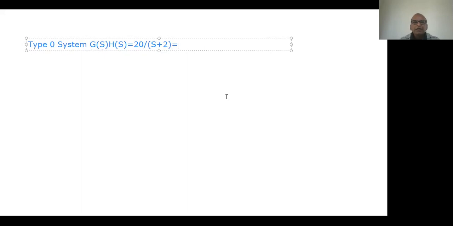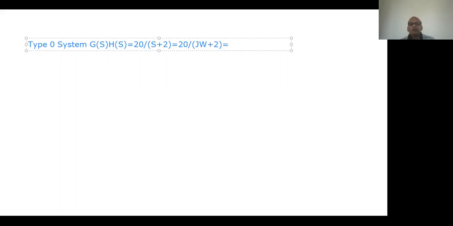That is 20 divided by (j omega plus 2). Then what is the next step? The procedure to construct the Bode plot: convert the sinusoidal transfer function into the time constant form.